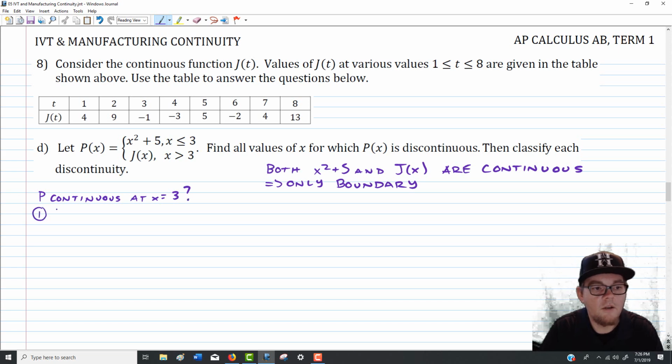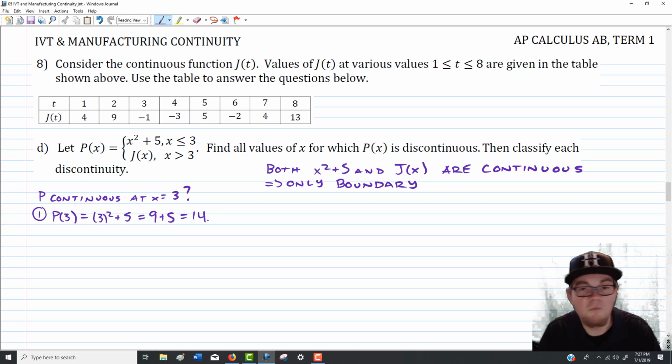So the first step for continuity is we need to have p of 3 defined. So p of 3 is equal to 3 squared plus 5. Again, I'm looking at the piecewise function, seeing what's in there. We get 14. That's perfectly well defined. I'm happy with that. The second step, though, we need to use the left and right hand limits because we're trying to make sure that these two things match up.